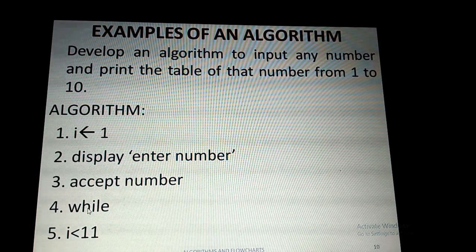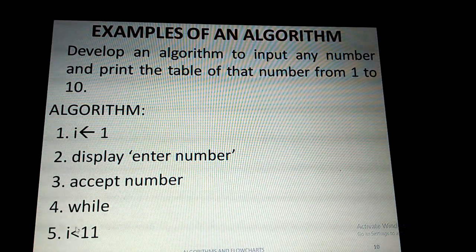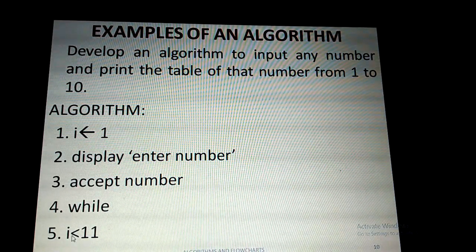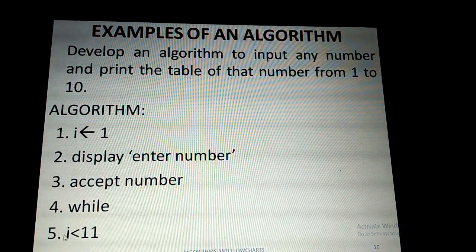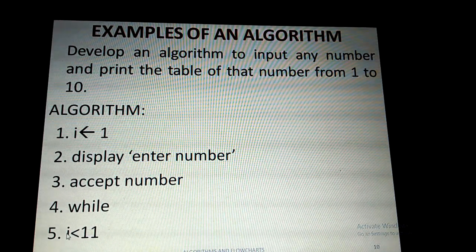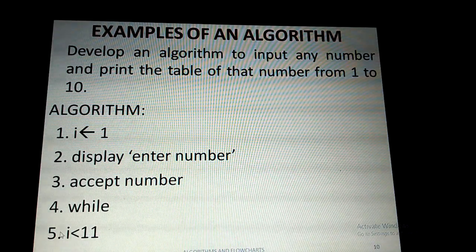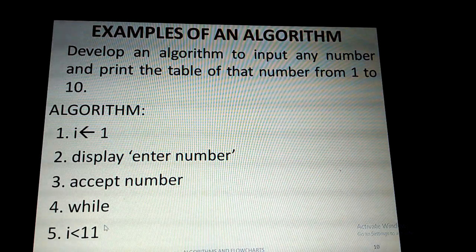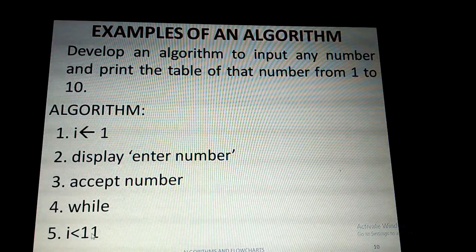In the while loop we are checking the condition I less than 11. Why we use the less than operator is so that the I value can be 10 at most. When it reaches 11, it will not be less than 11. So when I is 10, 10 is less than 11 and the loop continues.